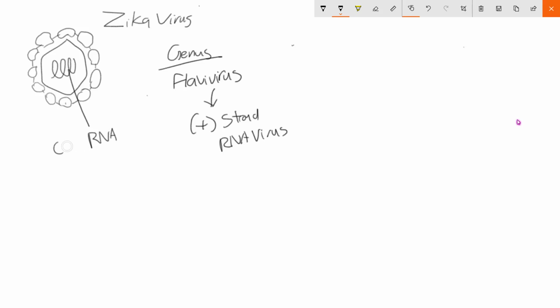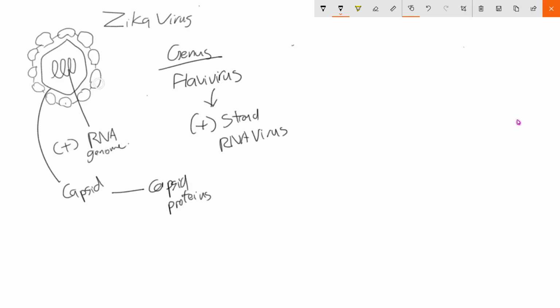It's a plus strand RNA genome that is found encapsulated inside something we call a capsid, which is made up of capsid proteins encoded inside the RNA genome.